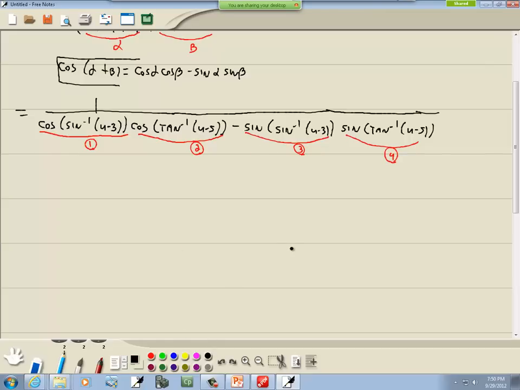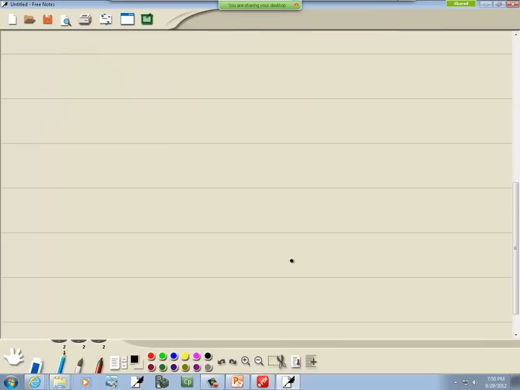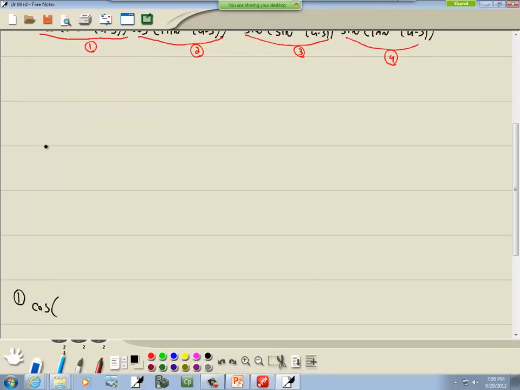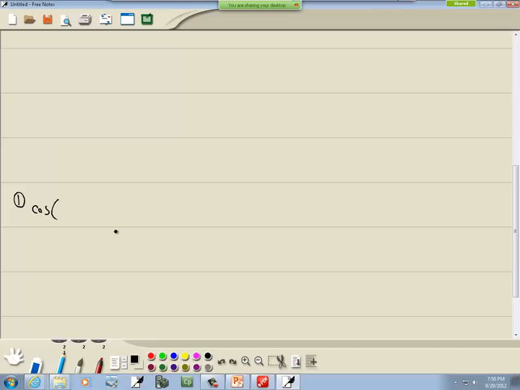So cosine, I'm not sure if I've gone down far enough. I'll probably mess this up, but we'll see. Cosine of inverse sine of u minus 3. Okay.